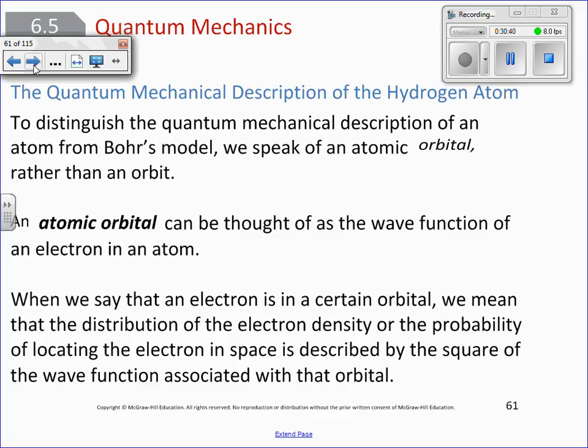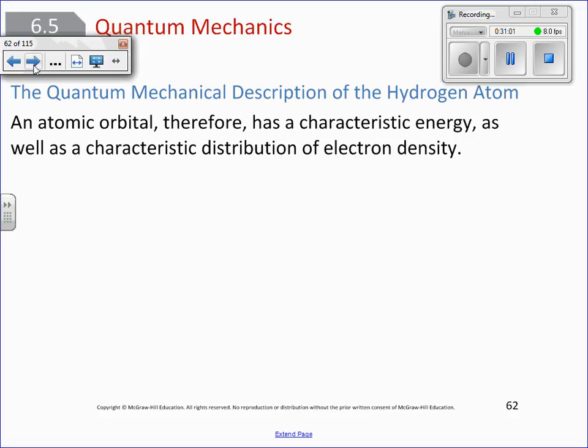So when we say an electron is in a certain orbital, what we're saying is it has a high probability of being in that location in space, figured out by the Schrodinger wave equations. An atomic orbital has a characteristic energy as well as a characteristic distribution of its electron density. So we're going to talk about all the different orbitals.